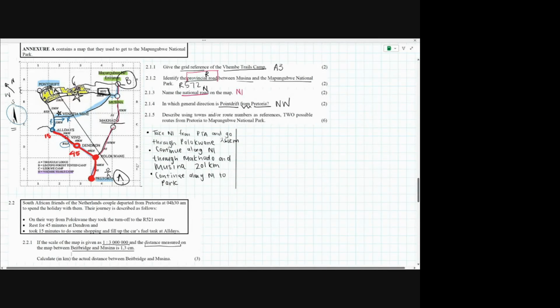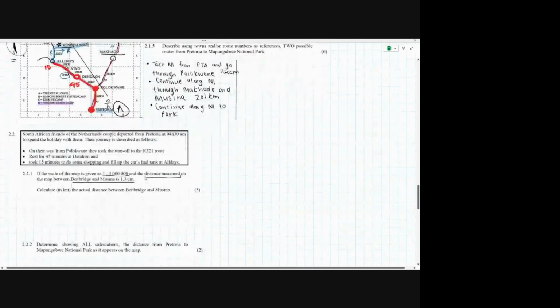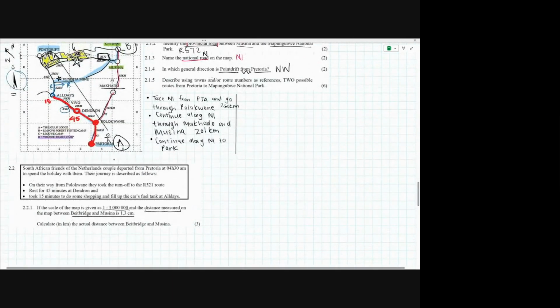No, it's not on the map. Okay, cool, that makes me feel better. I assume they're just telling us that information. That's fine. They've asked us to calculate in kilometers the actual distance between Beitbridge and Messina. They've given us the measurement, so we don't actually really care where it is.